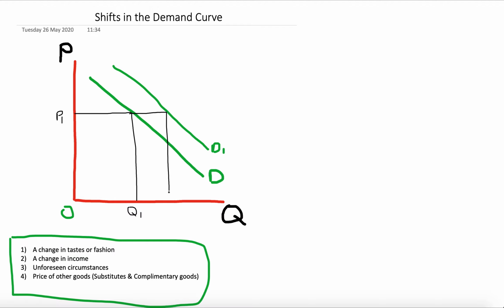Suppose we are selling sunscreen. We live in Ireland where there's not much sun, but then all of a sudden there's a heat wave, and it wasn't to be expected. There was a heat wave, which is very unusual, and everyone runs out and buys sunscreen. So our demand has increased. The price has remained the same at first, but our quantity demanded increases.